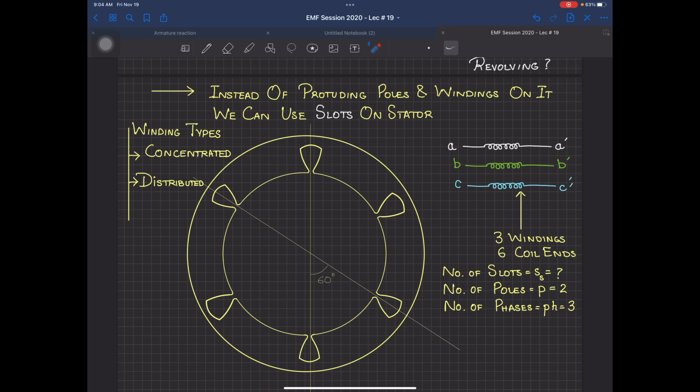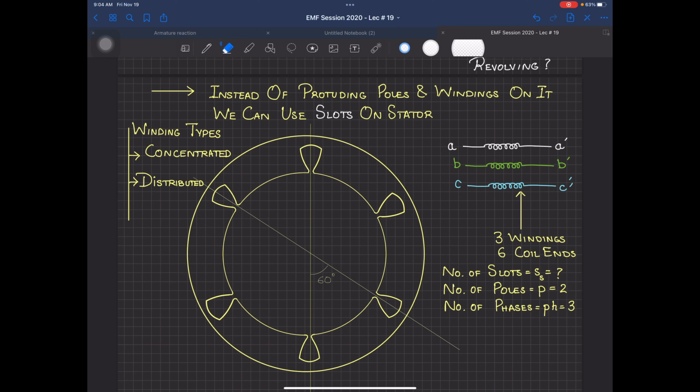So normally the machines which you are going to see in your daily life are all distributed. But to make the understanding a little easier, I am going to show both the concentrated and the distributed machines today. Now, if you see over here, I have changed the shape of this slot. Until now, in DC machines, I was using a circular shape.